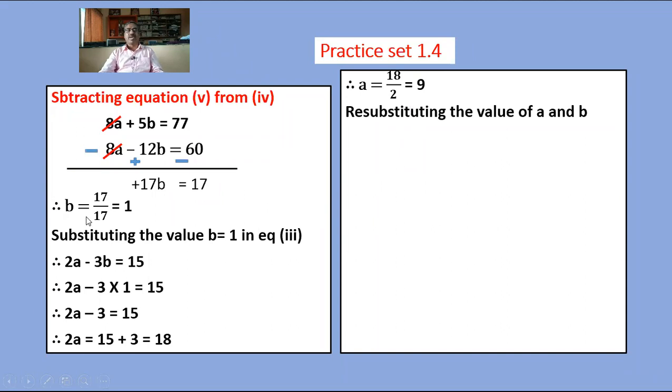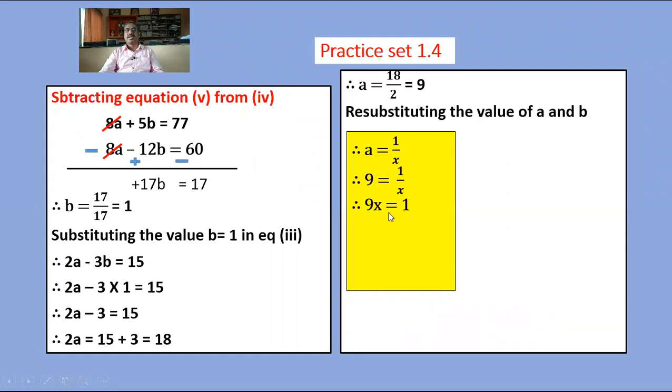Hence, we get the value of a is equal to 9 and b is equal to 1. Resubstitute the value of a and b. That is, a is equal to 1 upon x. Therefore, 9 is equal to 1 upon x. Cross multiplication: x multiplied by 9, 9x is equal to 1. 9 goes to the RHS, then we divide, therefore x is equal to 1 upon 9.